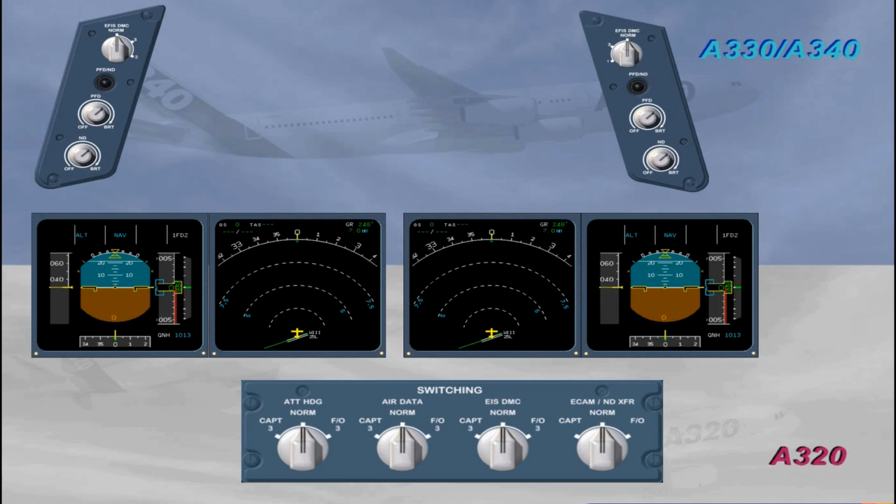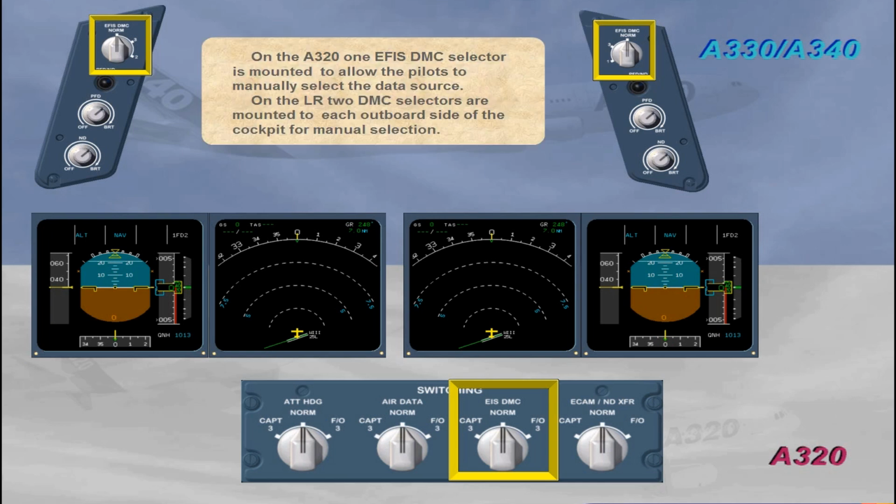On the A320, one EFIS DMC selector is mounted to allow the pilots to manually select the data source. On the long range, two DMC selectors are mounted to each outboard side of the cockpit for manual selection.